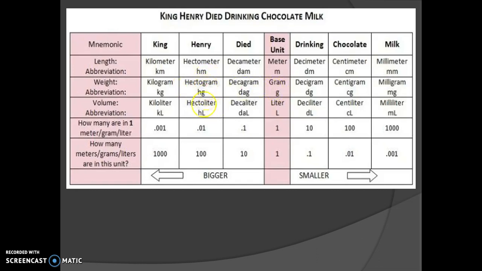There cannot be a transition from one to the other, like from liter to grams, or from mass to volume, or volume to length. You can only go from kilometer to hectometer and hectometer to deca, like that. It cannot be like hectogram to hectoliter. So it goes in a straight line for conversion.